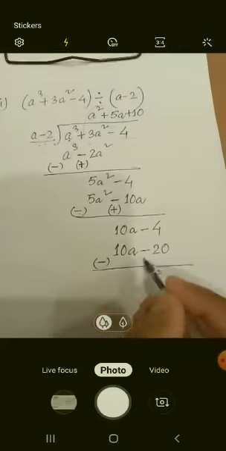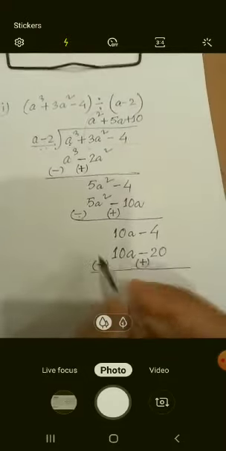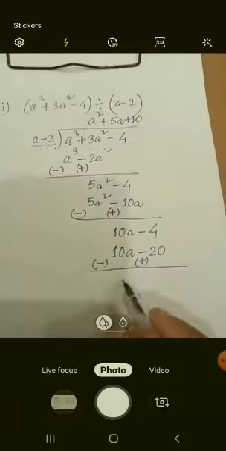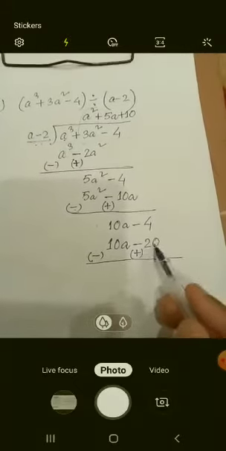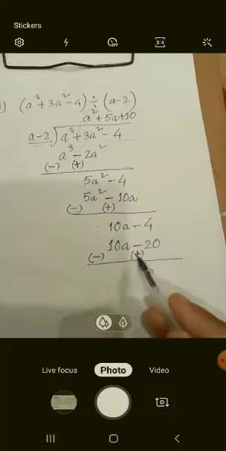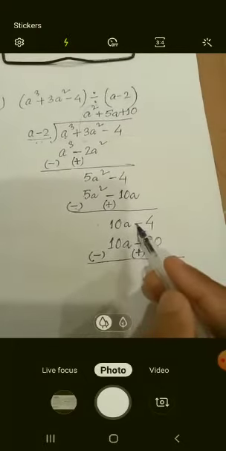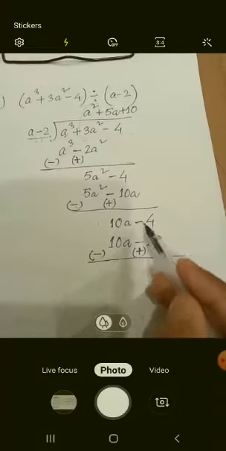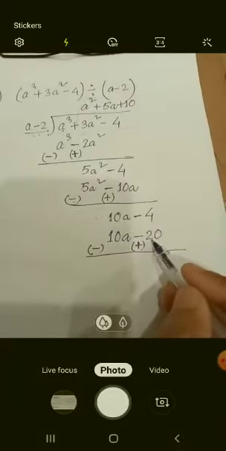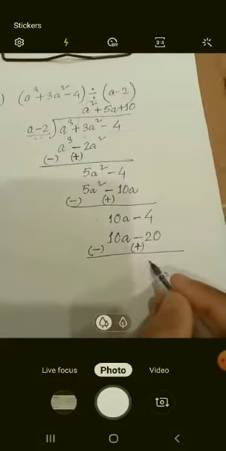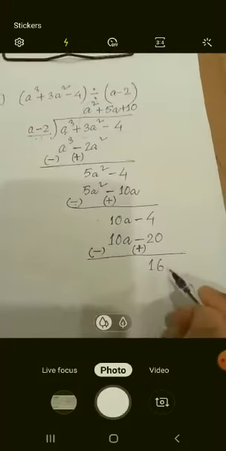Now again change the signs. So 10a minus 10a, there will be nothing. And in front of 20 I have written a plus sign, and in front of 4 there is a minus sign, so plus minus minus. That means 4 is subtracted from 20. What is left now? 16 only.